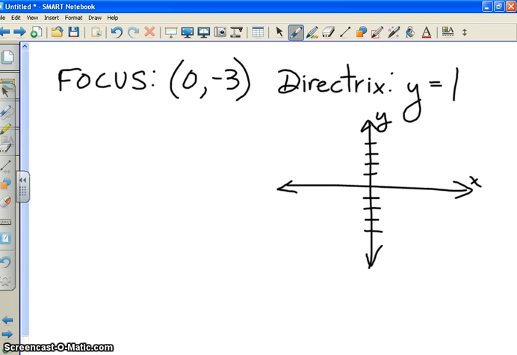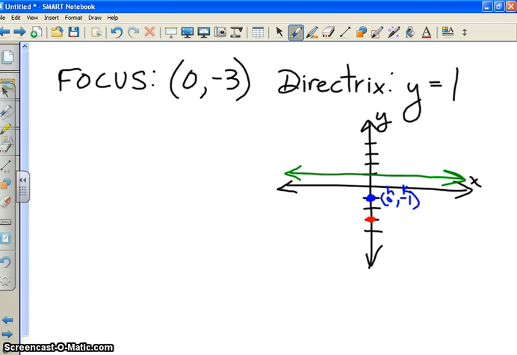We'll try one more. Now we want a focus at (0, negative 3), down here, and our directrix is at y equals 1. So there's my fixed line. Now my turning point should be halfway between the focus and the directrix, which will land us right here at (0, negative 1), which are going to serve as my h and my k.